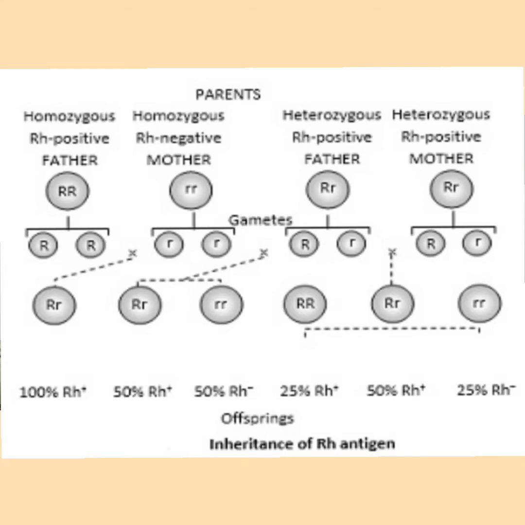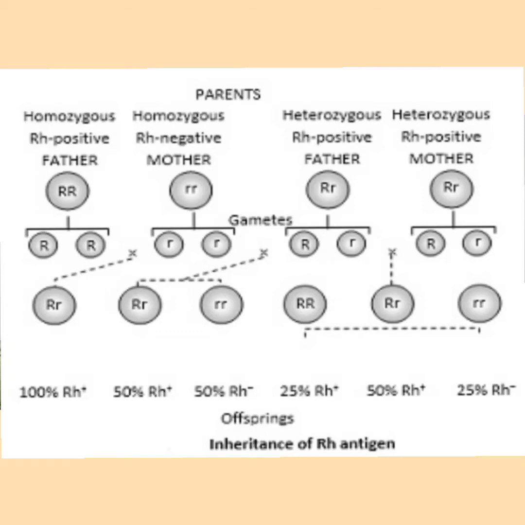And the children that are formed are capital R small r, and small r small r. That means 50% of the population will be Rh positive and 50% will be Rh negative if the homozygous Rh negative mother marries a heterozygous Rh positive father.